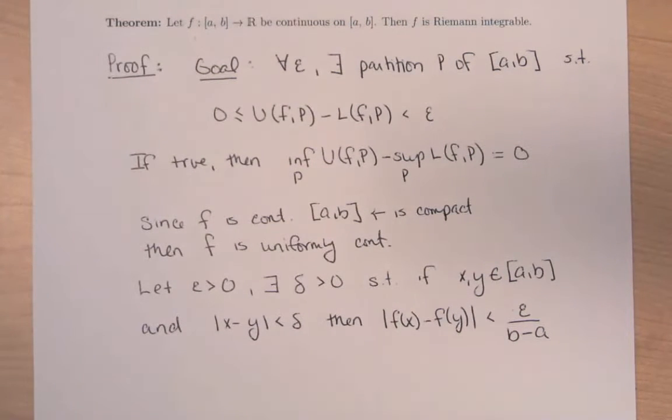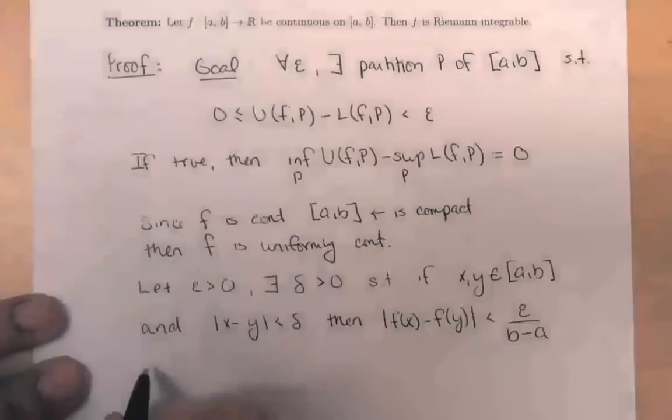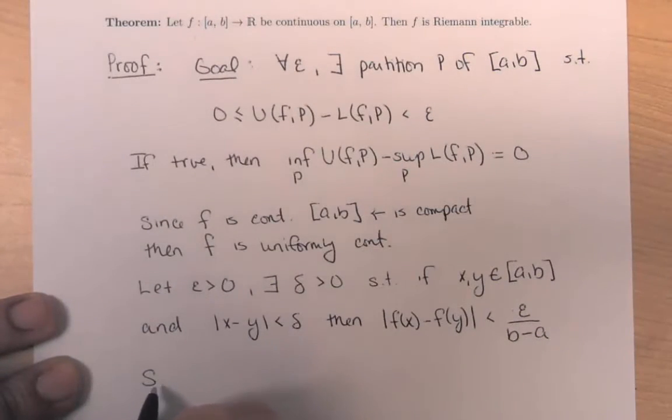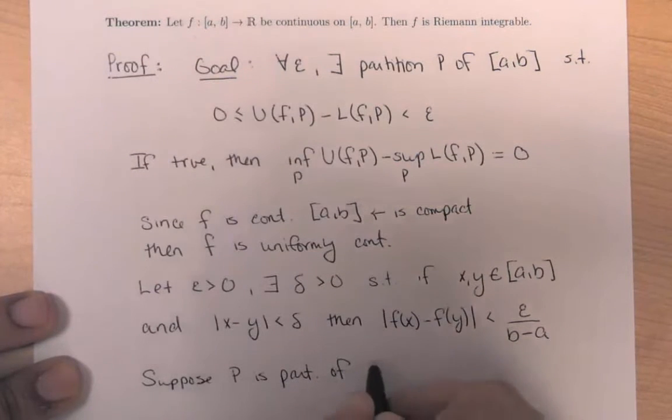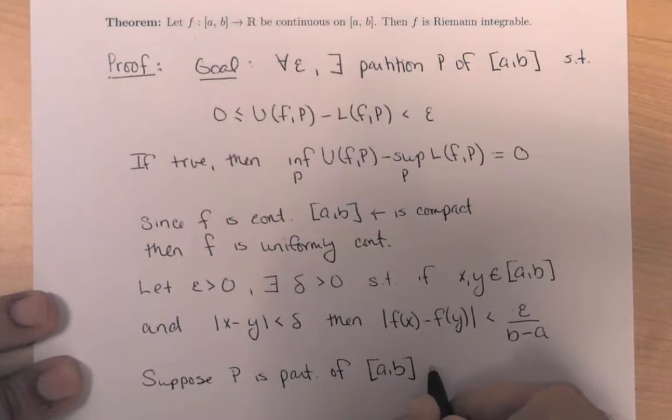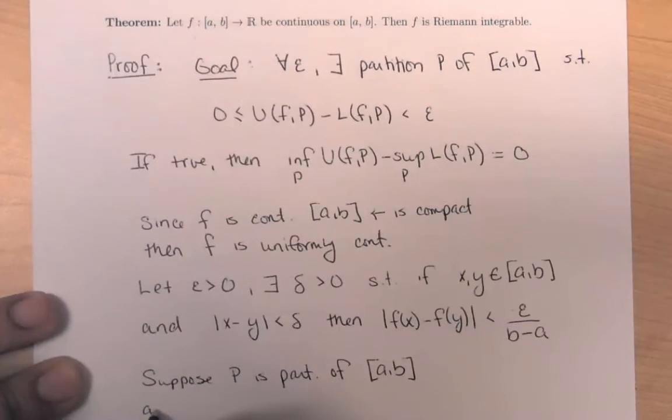Now, suppose that P is a partition of A to B, and every subinterval has a length less than delta.